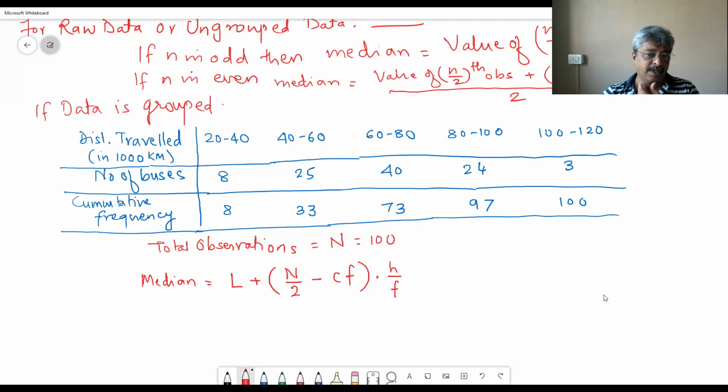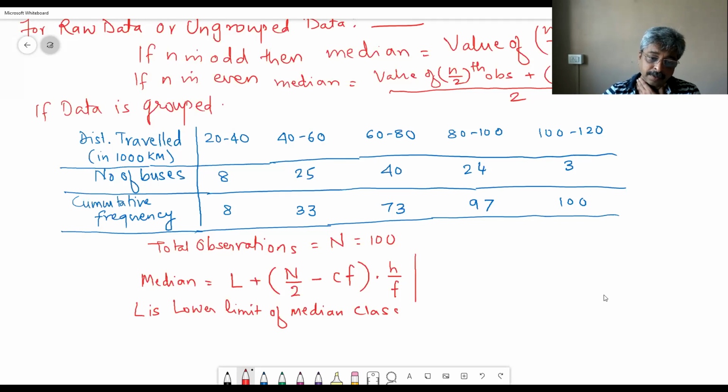Now for our observations above, let us do the scaling. So let me write down the notation. L is the lower limit of the median class. N is the total frequency.